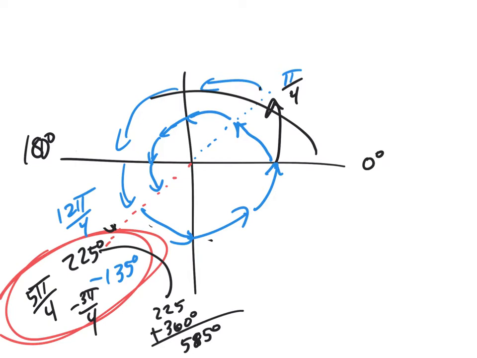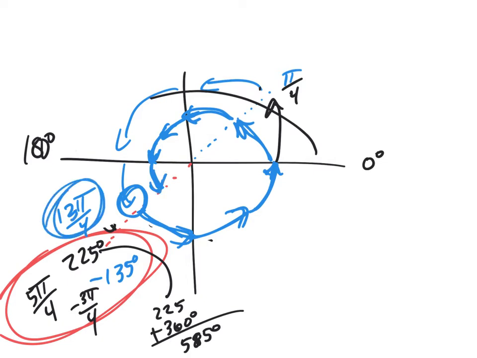Okay, maybe I'm wrong. So I'm going to double check this. I was here at 5 pi over 4, right here, and nobody seemed to argue. So I'm going to go 6 pi over 4, 7, 8, 9, 10, 11, 12. No, it is 13 pi over 4. I just counted wrong just now. Okay, sorry. 13 pi over 4 was correct.